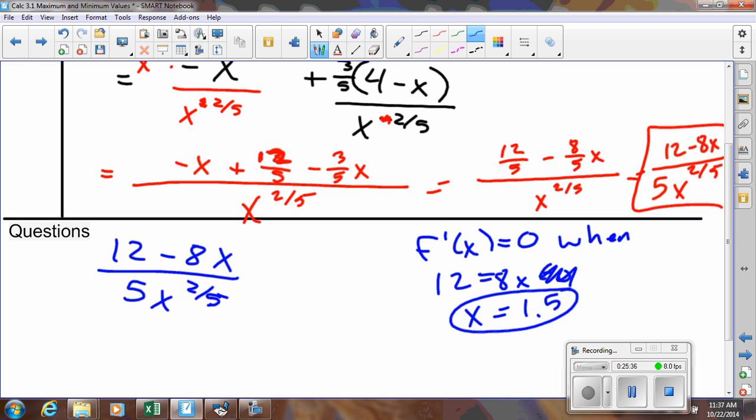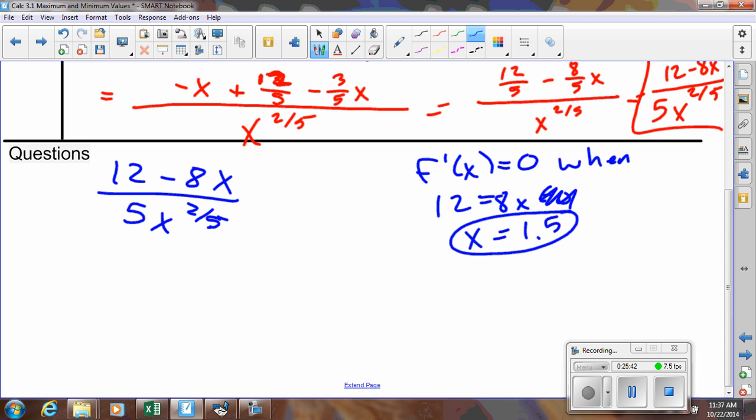But what about where the derivative does not exist? When does this piece not exist? How about dividing by 0? If our denominator equals 0, then the derivative does not exist. So we could check to say, when is this piece equal to 0?